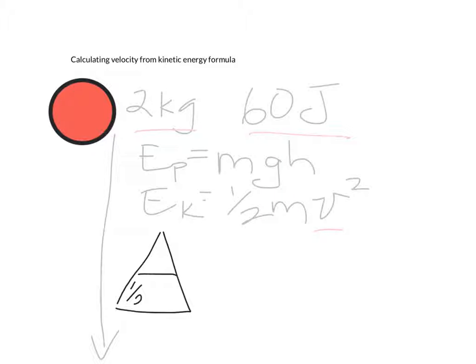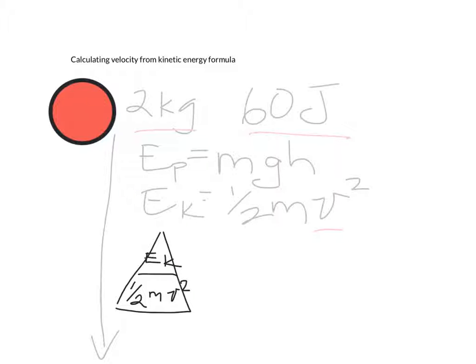So we go half m velocity squared, and on top we've got EK. So now we need to cover up the V, because that's the one we don't know, and the triangle tells us that we need to divide the energy, EK, over half mass in order to find velocity squared.